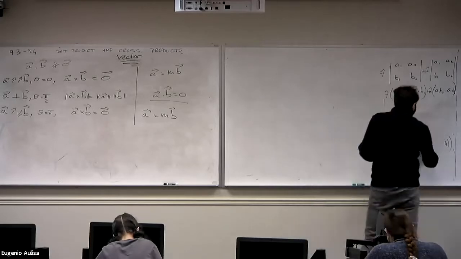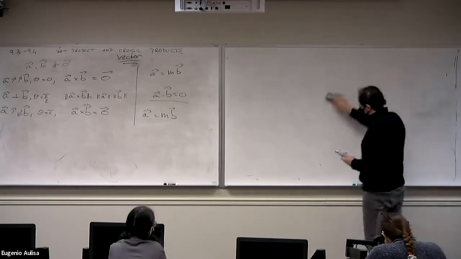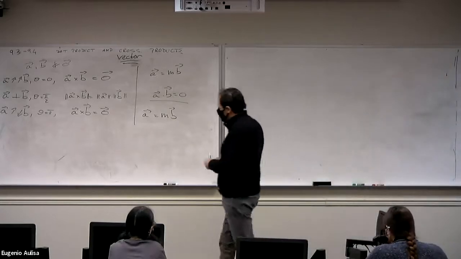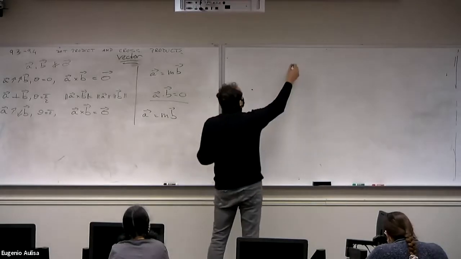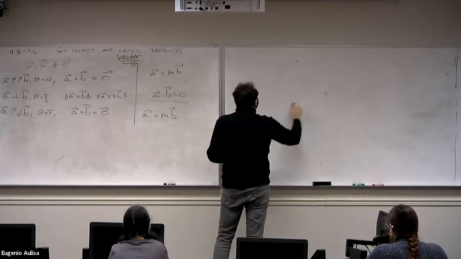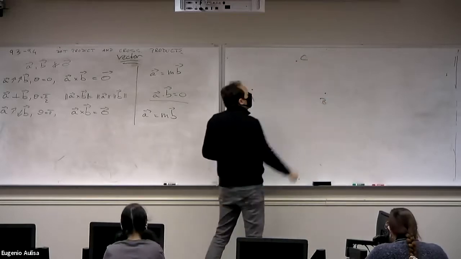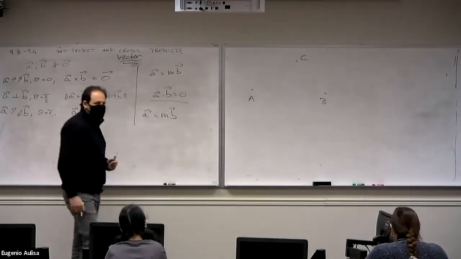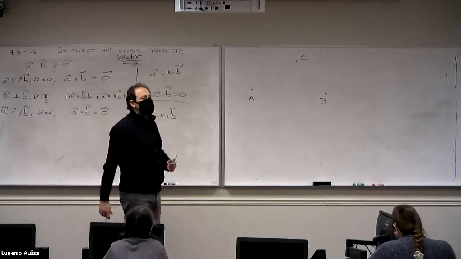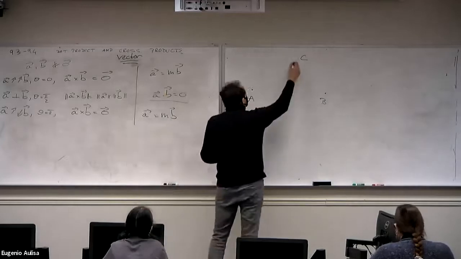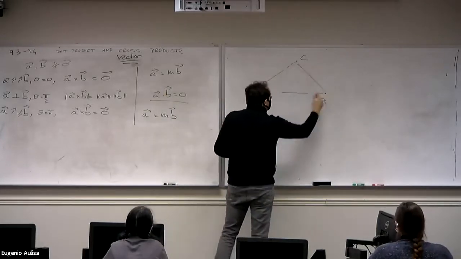So assume that I have 3 points in the space, a point A, a point B, and a point C. So these are 3 points in the 3D space. If they are not aligned, they define a triangle.